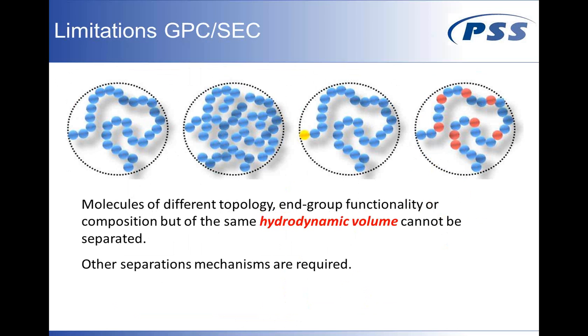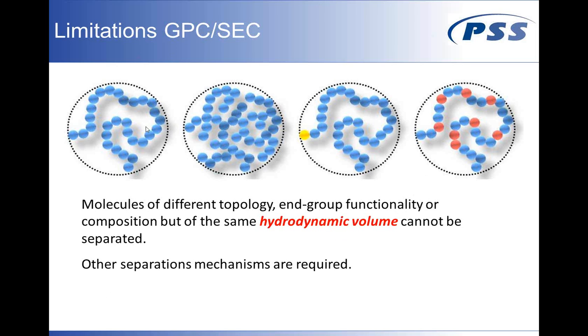The reason is that the separation in size exclusion chromatography is based on the hydrodynamic volume. So that means size exclusion chromatography, gel permeation chromatography, is not capable of separating molecules of different topology, functionality or composition, which are of the same hydrodynamic volume.